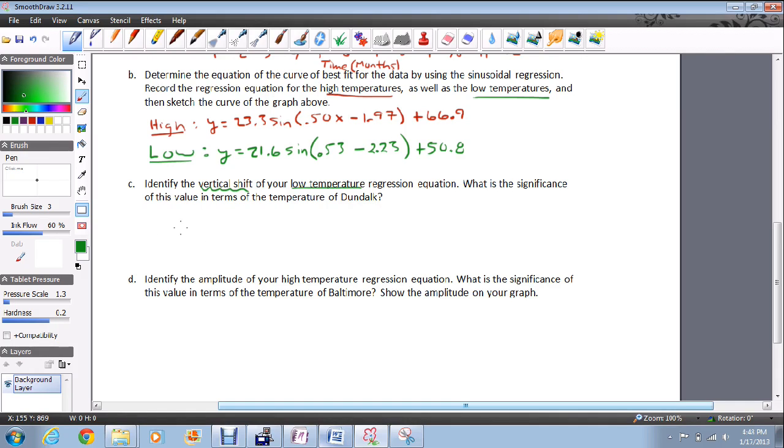Well, the vertical shift is equal to that last number, 50.8. What's the significance, or what does this mean?